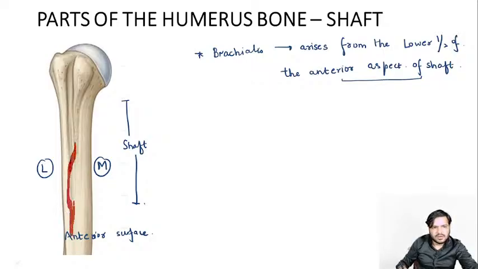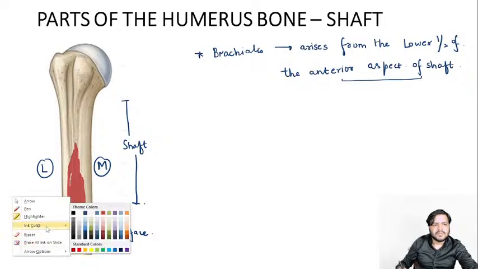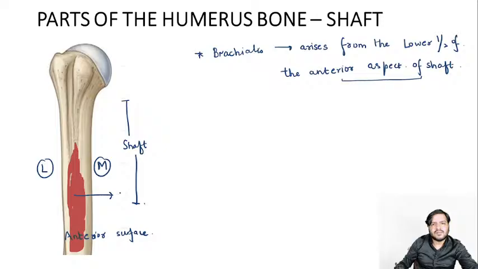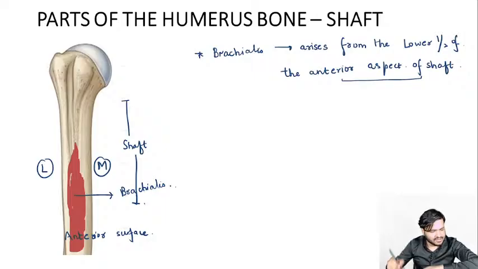Okay, it is arising from this particular part. Okay, lower half. Lower half थोड़ा सा और नीचे बना लेता है इसको. ठीक है, so this is the location of the muscle which is arising from this lower half, on the anterior surface, and this particular muscle is nothing but the brachialis.